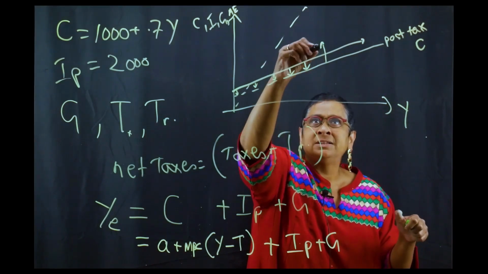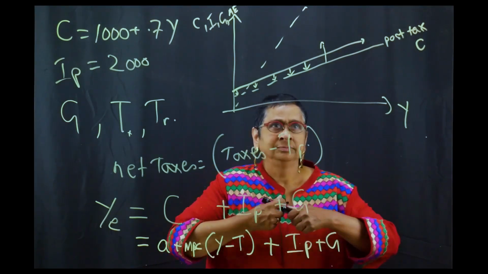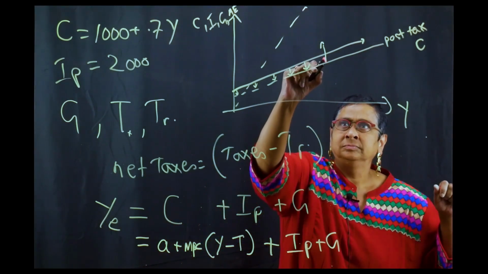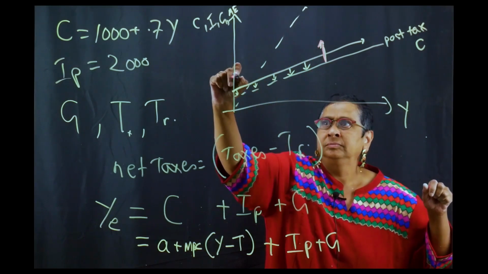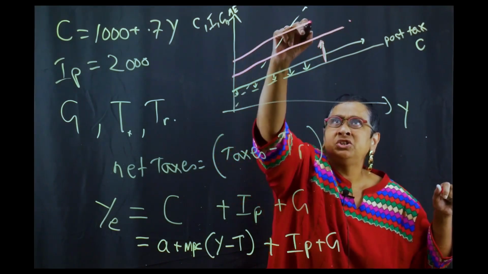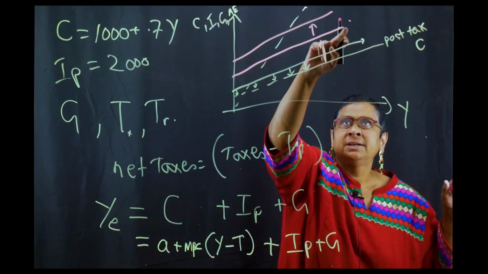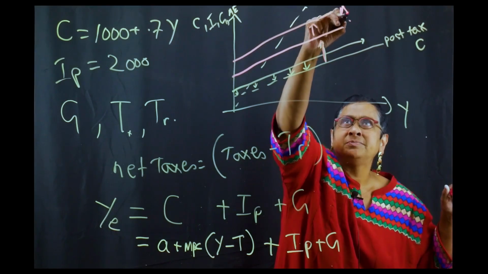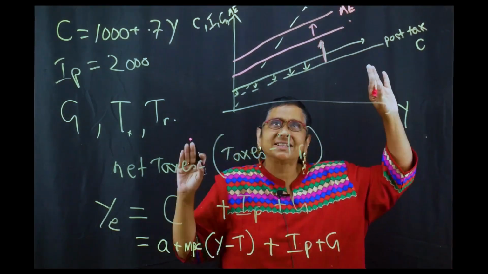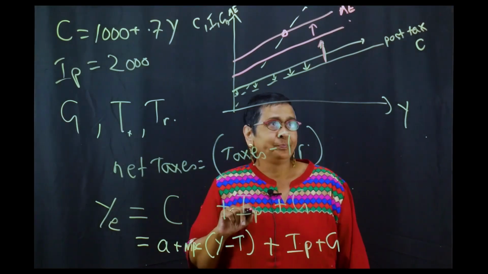Then I'm going to add in my IP. And then I'm going to add in my G. Post-tax C plus I plus G, and this is my new AE. And that's the line I'm going to end up using to find my equilibrium.